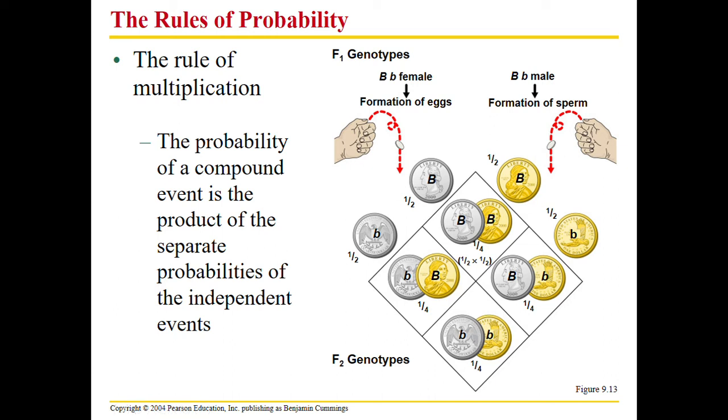So the tails on this left coin, right here, there's a 50% chance of that, and then there's a 50% chance of getting a tail on this other coin. So what we do is we multiply that 1 in 2 chance, so 1/2 by 1/2, and we get 1/4.